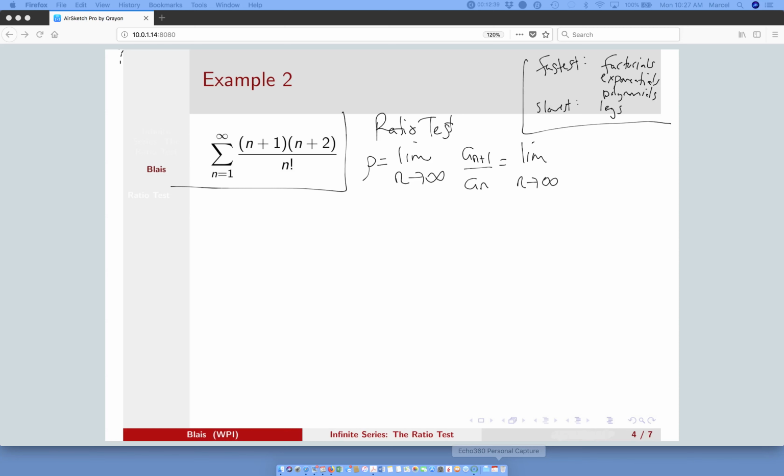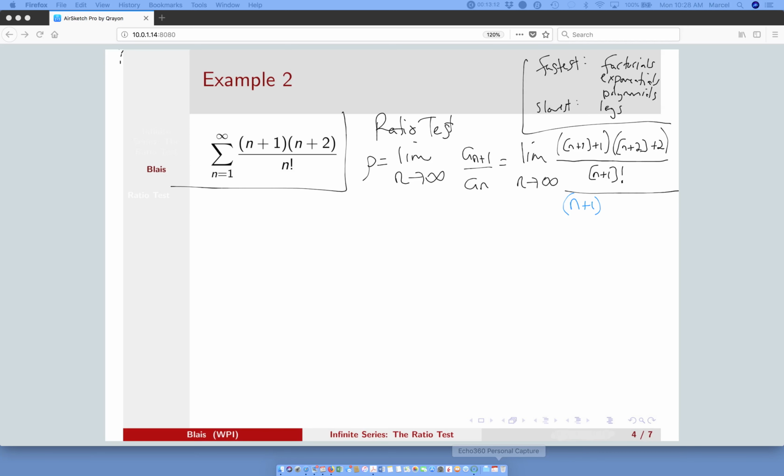So we're going to have n plus 1 plus 1, then n plus 2 plus 2 over n plus 1 factorial. So that gives us the numerator. Again, all we did here was just replace each instance of n by n plus 1. For the denominator, we can just copy that nth term.